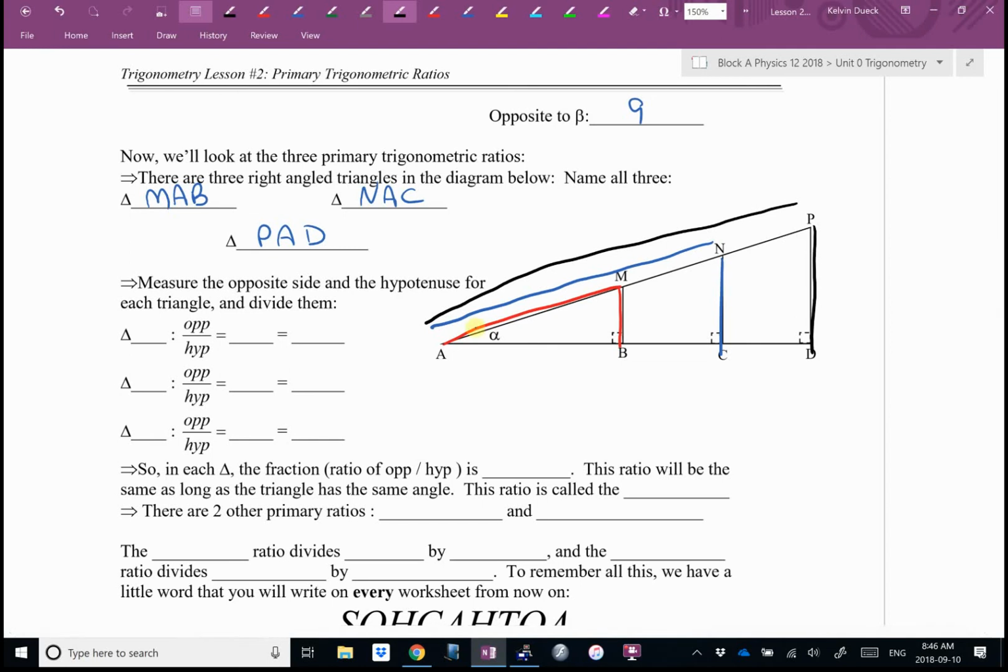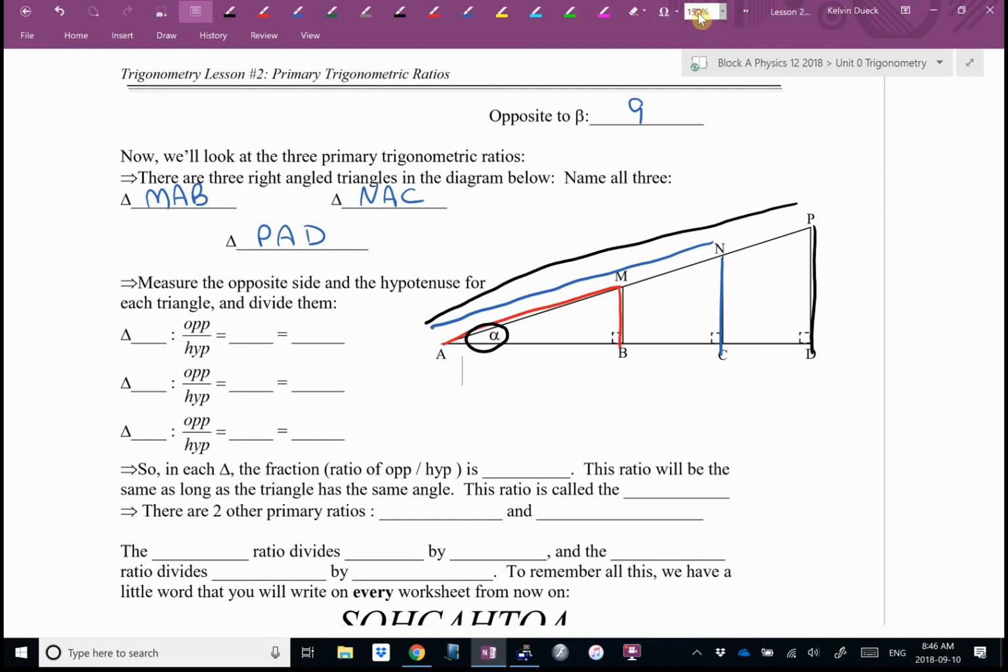And the reason is, all three of these are formed by the same angle. This is the beauty of trig. If you have a right-angled triangle, if you know the angle that's forming the rest of the triangle, all of the ratios, all of the side lengths divided by each other, will give you the same answer.